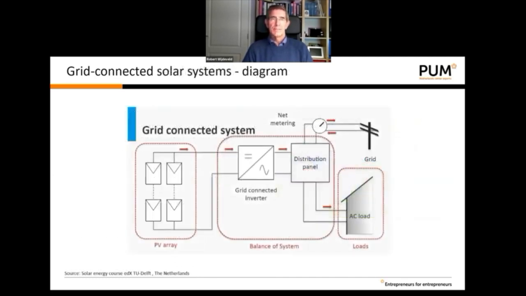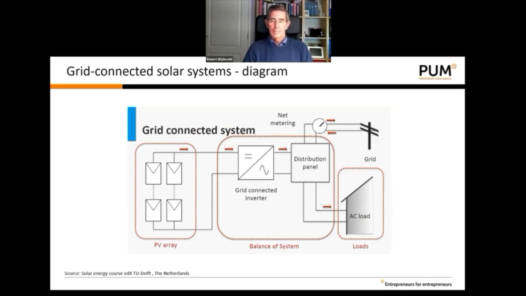This is a diagram of the grid connected solar system. It actually consists of three blocks. One is the PV array. Those are the solar modules connected in series as a string, and some strings are connected in parallel.